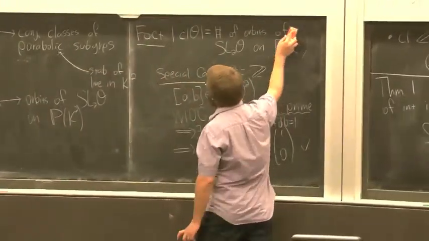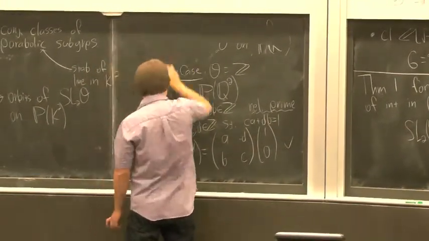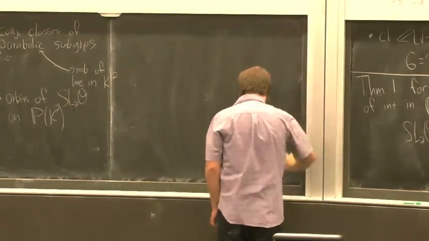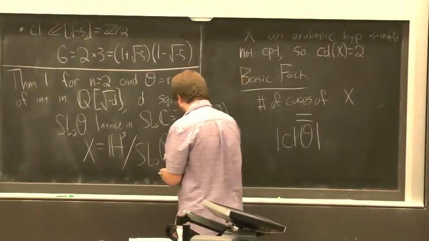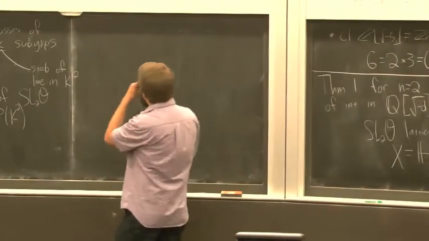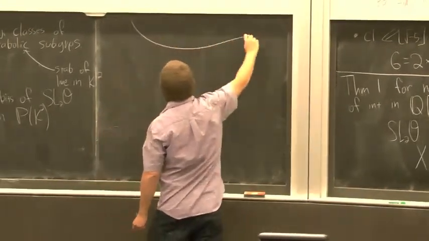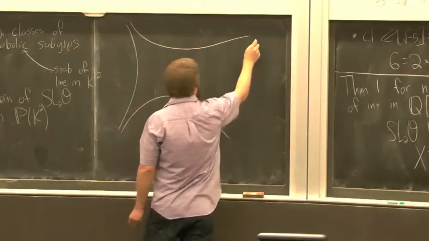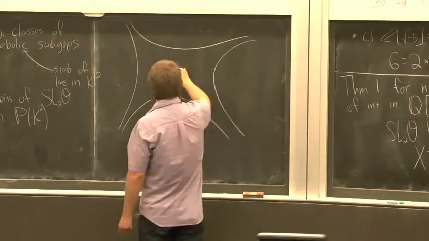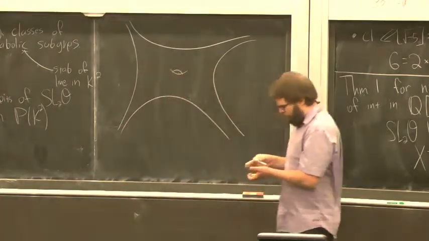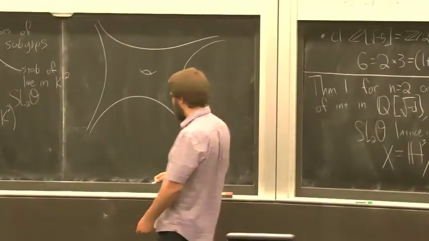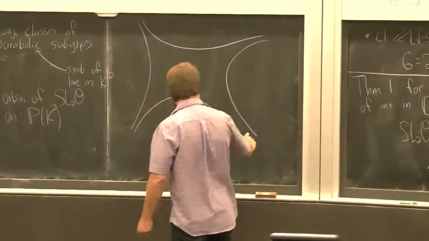Well, what does the picture look like? Our manifold looks like this. It's got some cusps, and maybe it's got some topology in the middle. Let's say I choose two cusps, C, here's one right there, and there's one right there.